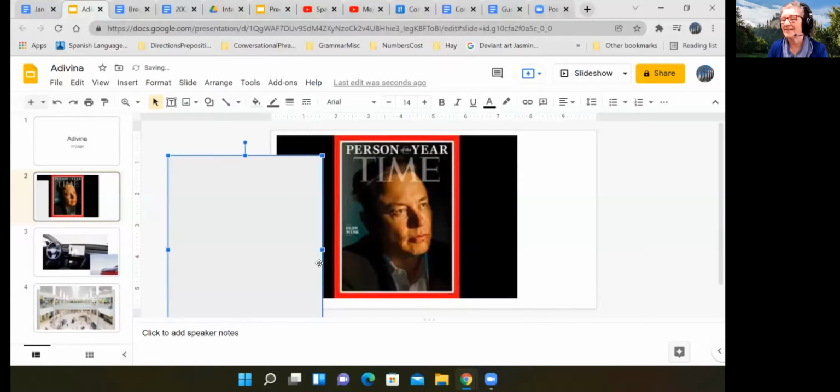Elon Musk. Bien, Elon Musk, sí. Tesla. Elon Musk, sí, es Elon Musk, es el hombre del año, la persona del año es Elon Musk. I was going to give you something a little more telling about cars in a minute.